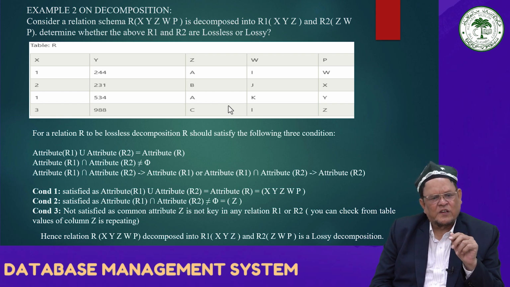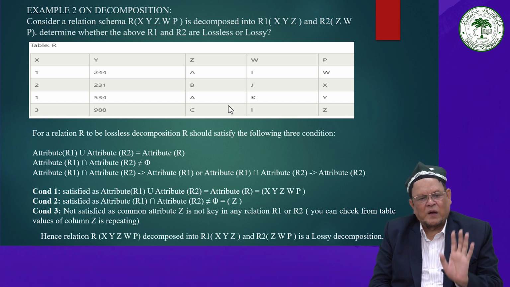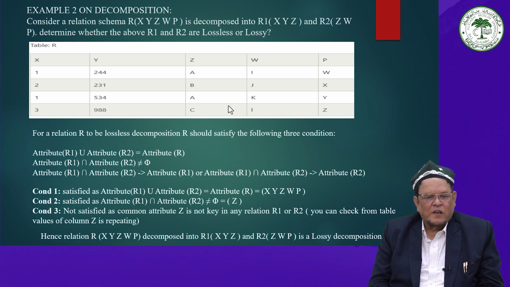So the first condition is certified, as attributes R1 union R2 is the attributes R: X, Y, Z, W, P. We are able to combine ZWP and XYZ for that. The second condition, R1 intersection R2 not null, is certified, it means Z. The third is not certified for the common attribute: Z is not a key in either relation R1 or R2.